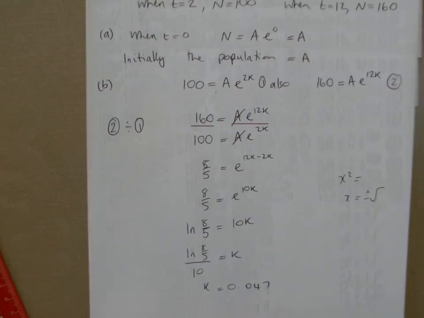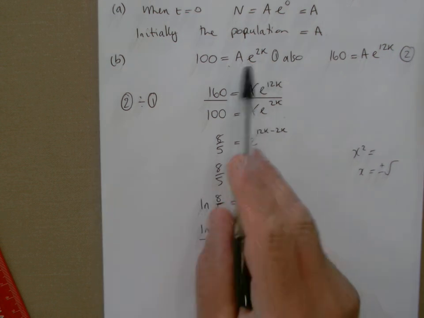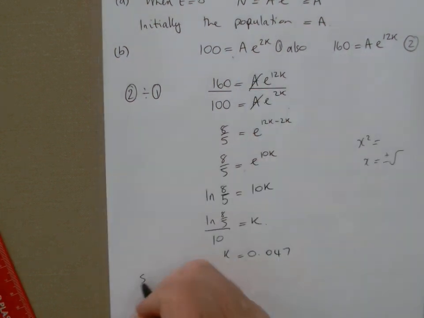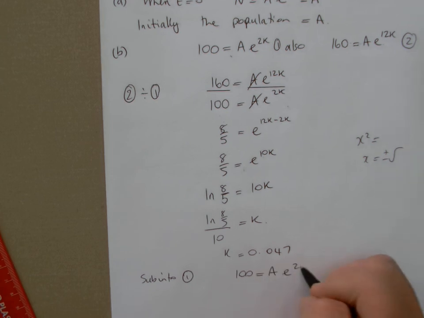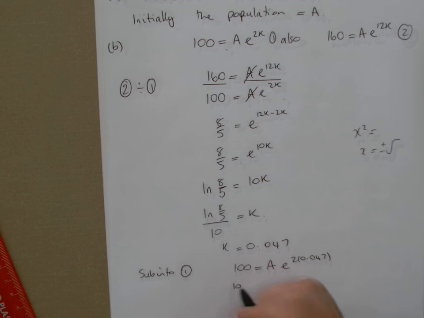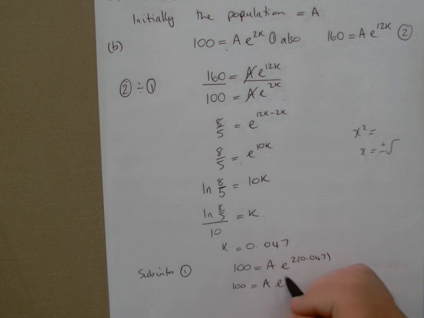So we'll work out what a is, and that's quite simple because you just sub into, say, equation 1. So you have 100 equals a e to the 2k, and 2k would be 0.094, so I worked that out there.